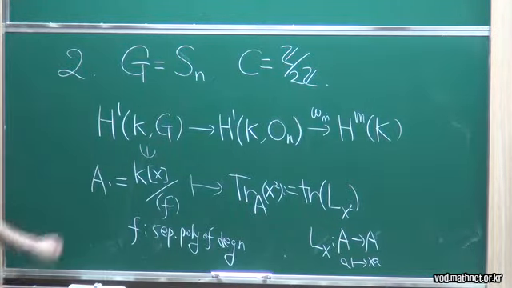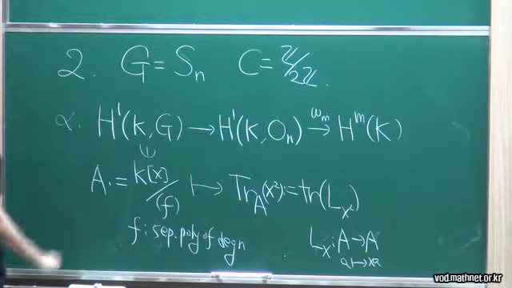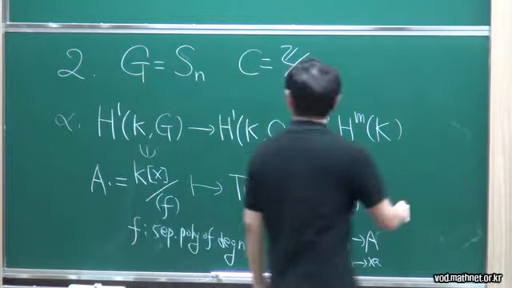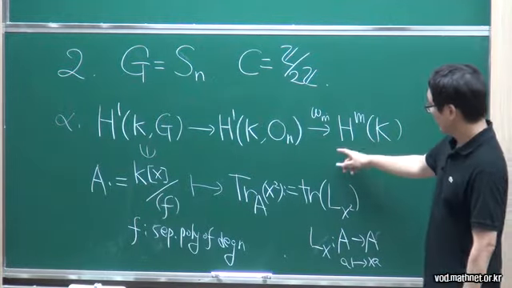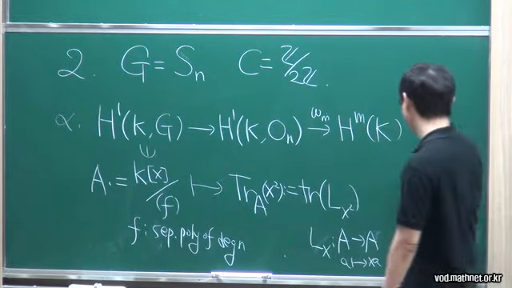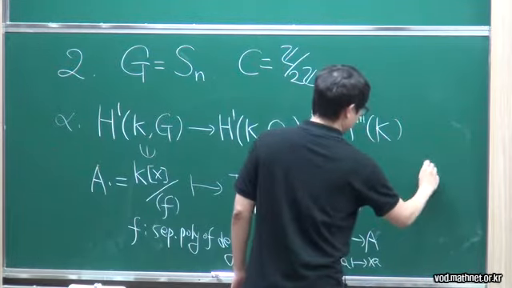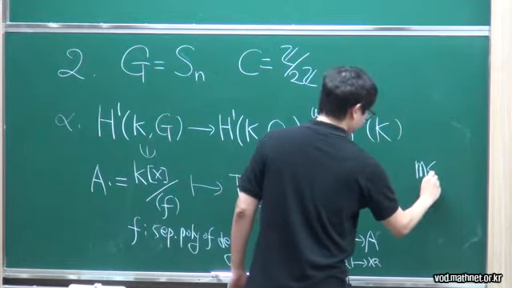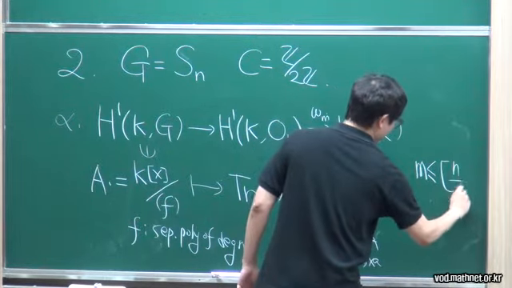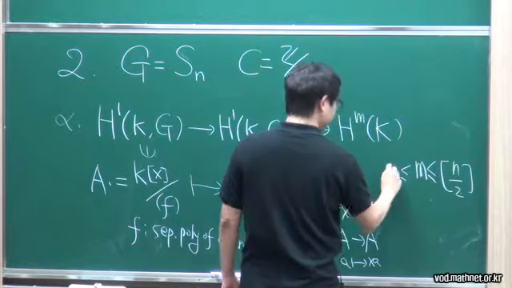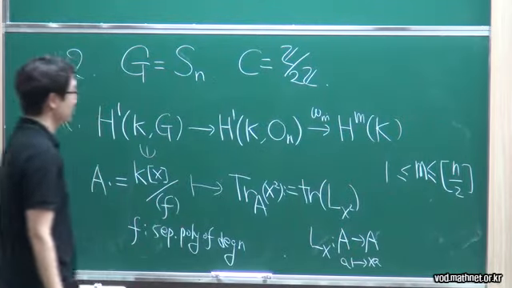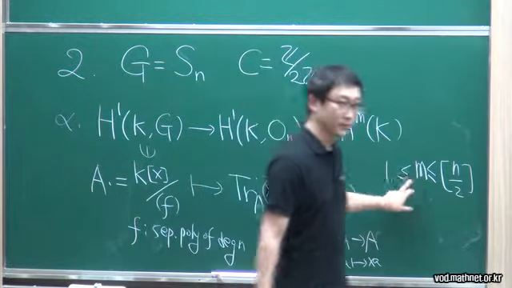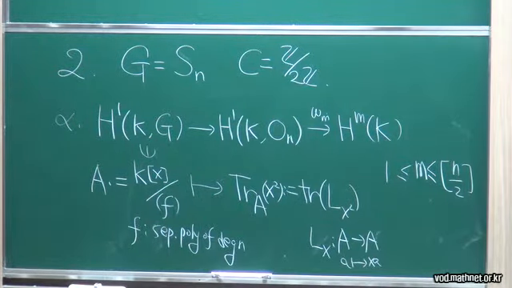Then this gives a cohomological invariant of the symmetric group. And in this case, the cohomological invariant vanishes if m is bigger than or equal to the integer part of n over 2. So alpha exists only for m between 1 and the integer part of n over 2.